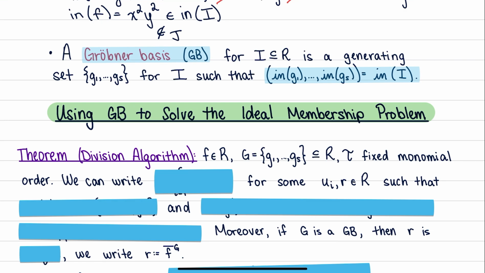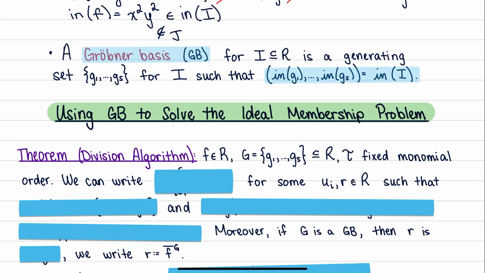And this division algorithm is interesting because we are going to be able to divide by a set of polynomials all at once. So the ingredients here are, we're going to take a ring element, we're going to take a set of ring elements, and we're going to fix our favorite monomial ordering.